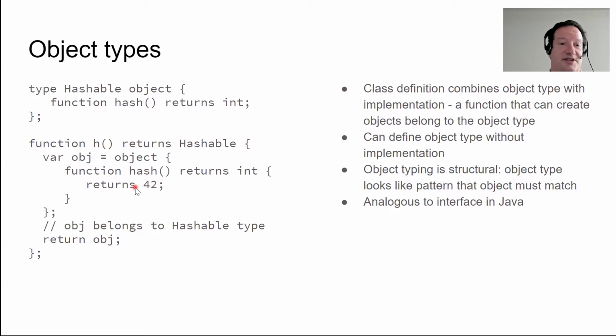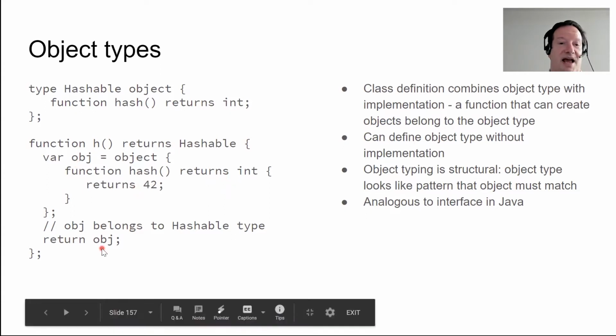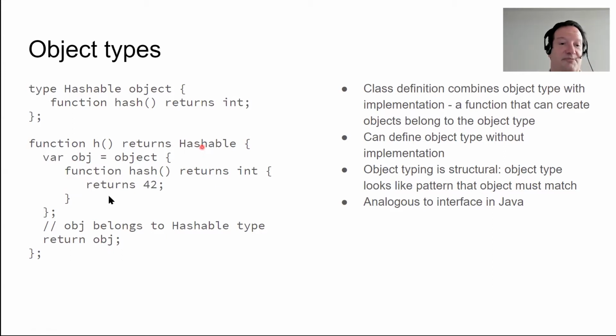Not a very interesting function, and I've assigned this to an object, and I am returning this from a function that returns a hashable, and this is okay because what's hashable? It just needs a function called hash that returns an int. Yes, this object has a function called hash that returns an int, so it belongs to that type. So although it's like an interface, this is not nominal typing, this is structural typing, just like everything else in Ballerina.